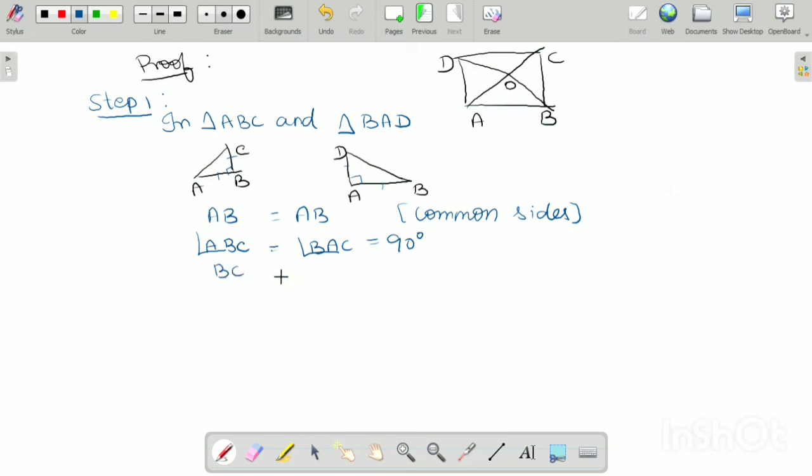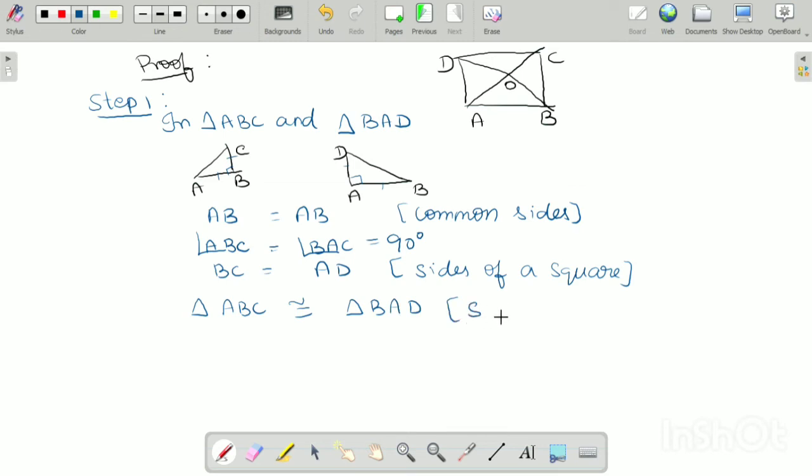For a square, the property is all sides are equal. So from these we get that triangle ABC is congruent to triangle BAD by side angle side criteria.